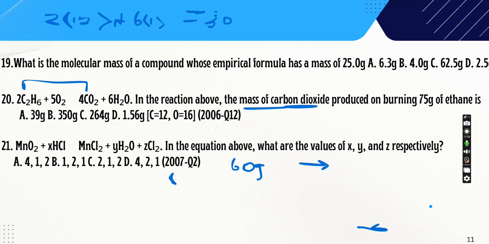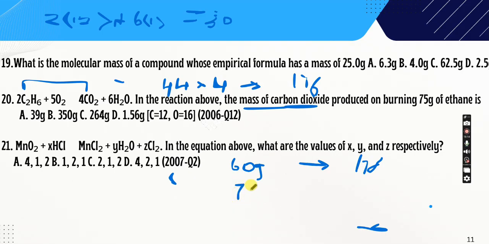So that will be 44 multiplied by 4, and that will give us 176. So 60 grams of ethane is producing 176 grams of carbon dioxide.